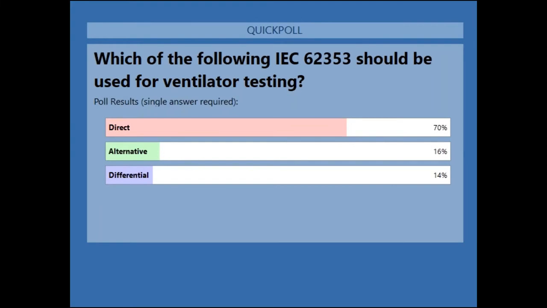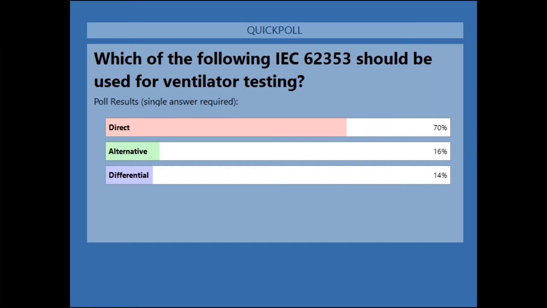And the correct answer should be direct method. Why? Because the direct method is the one that provides test results that are as similar as possible to the test results that we would get if we were following the IEC 60601-1.